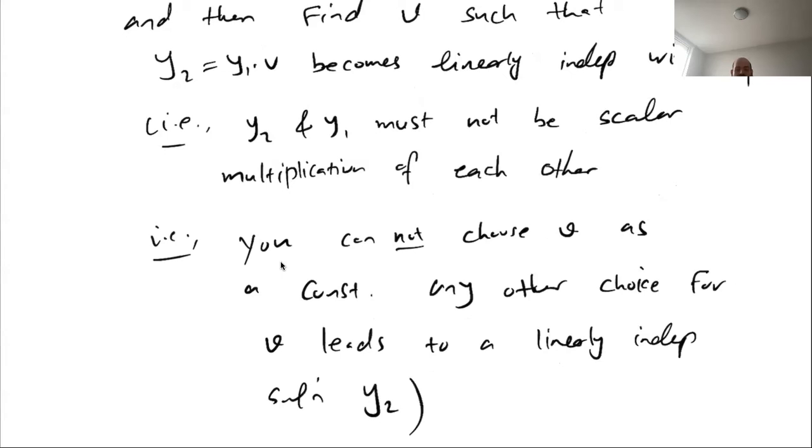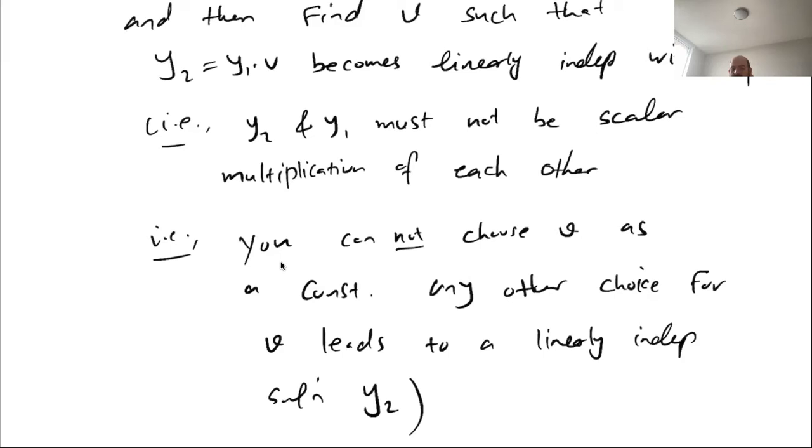For two vectors, we know that they are linearly independent if they are not scalar multiples of each other. This rule is valid only for two vectors. If I have, for example, one vector v and another vector 5 times v, then they are linearly dependent.